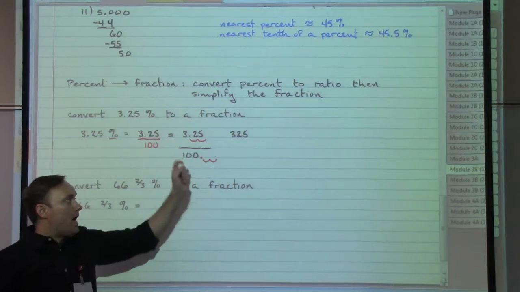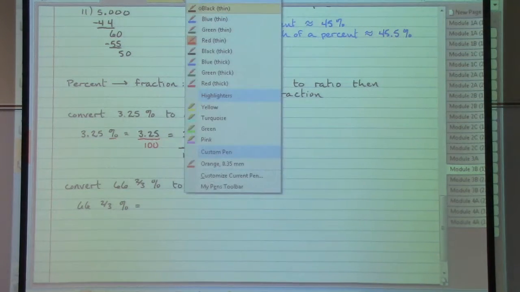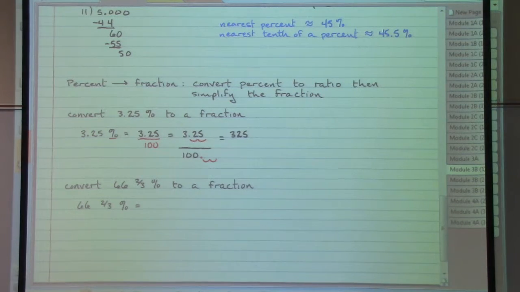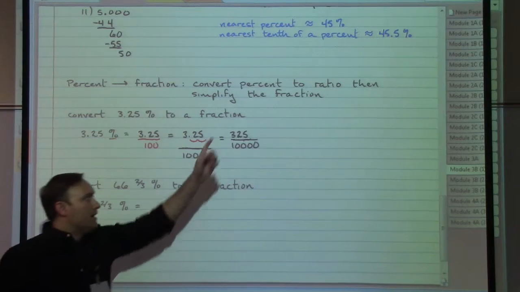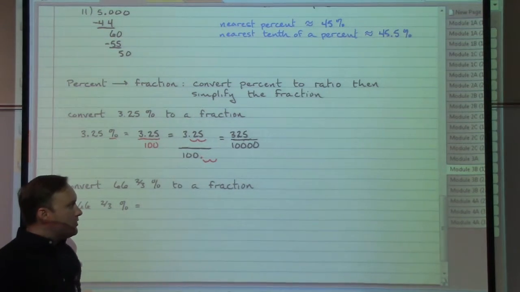What I did to the top, I also did to the bottom. And by doing that, that means that we've created a bottom number of 10,000. Now we do have a legitimate fraction. We've got an integer on top, we've got an integer on the bottom, so that's officially in good shape.